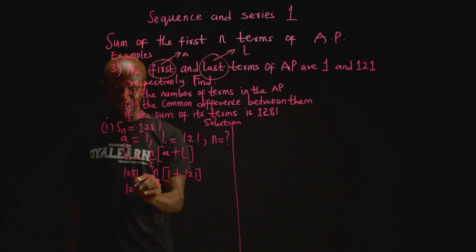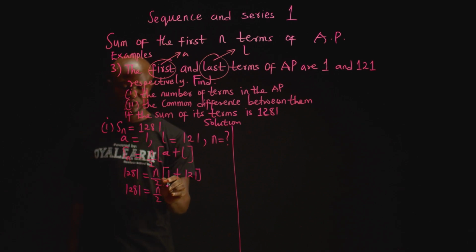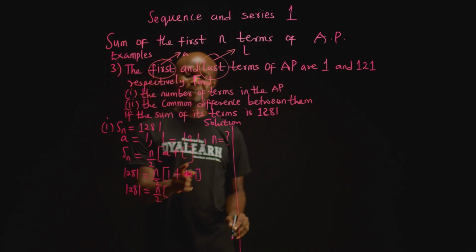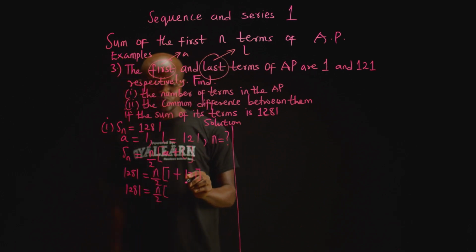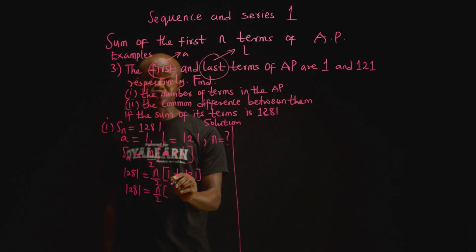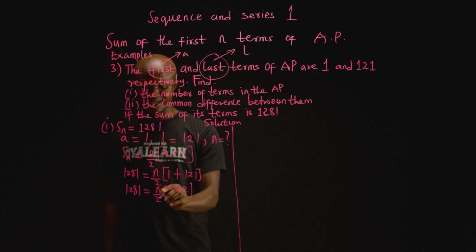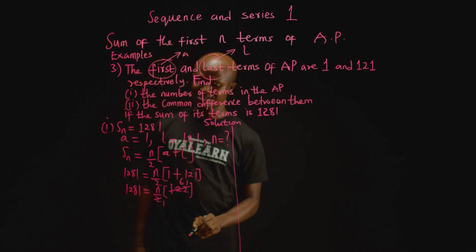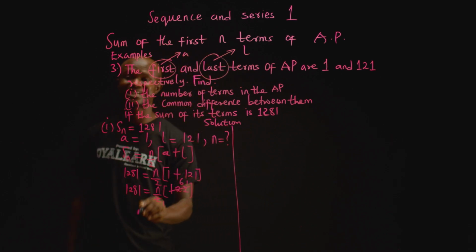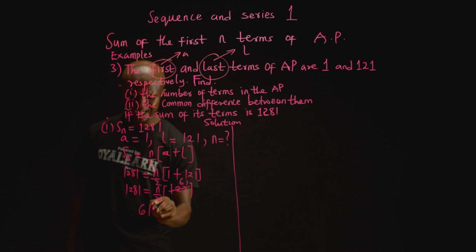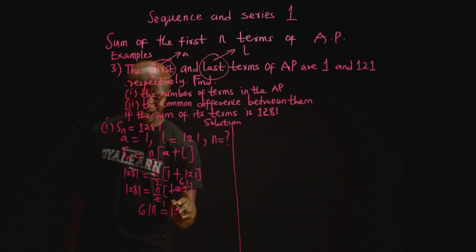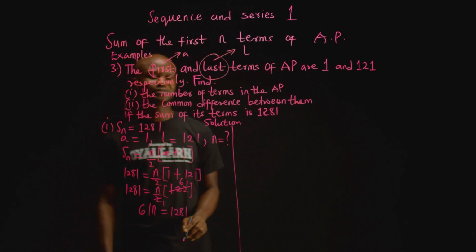1281 equals n over 2 into 1 plus 121. That will give us 122. So 2 here, 1, 2 here will give us 61. So 61 times n is 61n equals 1281.